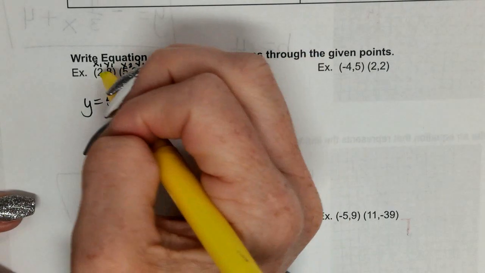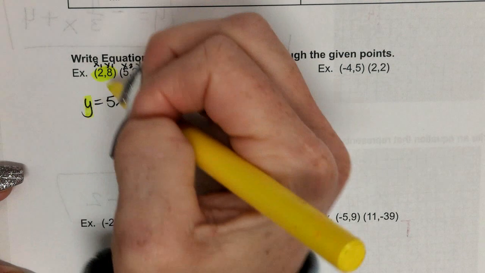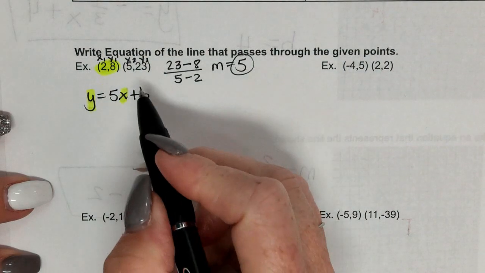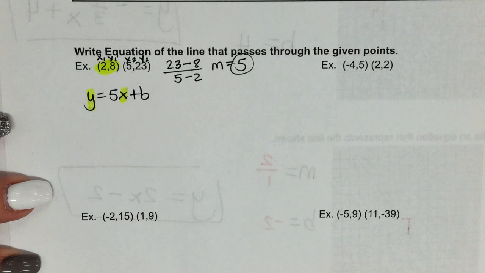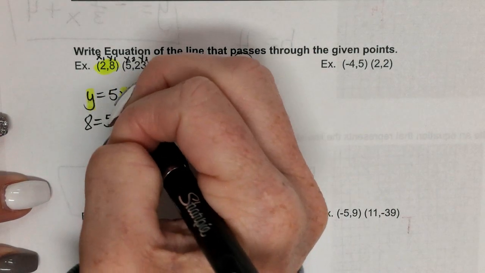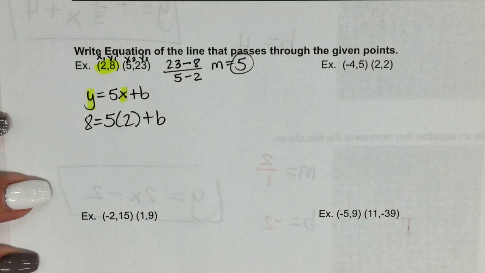I'm going to pick this one. And I'm going to plug in 8 for the y and 2 for the x. And that is how I am going to solve for b. So I'm going to go 8 equals 5 times 2 plus b.